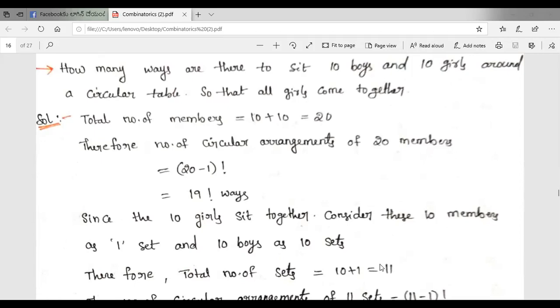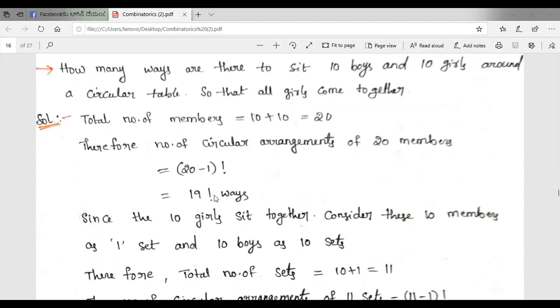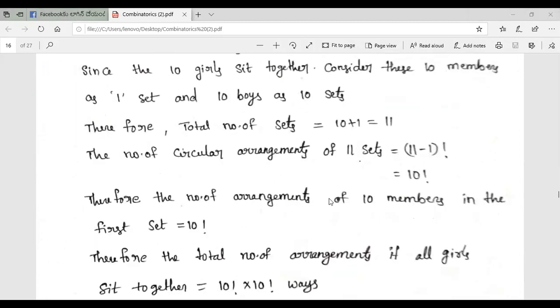We arrange these 11 sets in a circle: 11 minus 1 factorial, that is 10 factorial. The number of arrangements of the 10 members in the first set, the girls, is 10 factorial. Therefore, the total number of arrangements if all girls sit together is 10 factorial into 10 factorial ways.